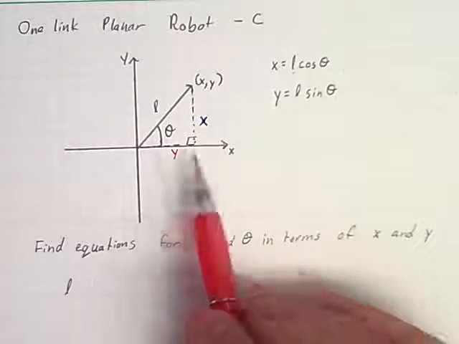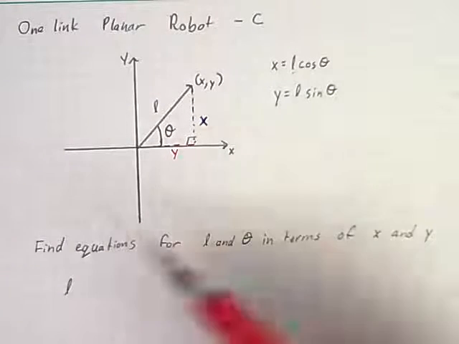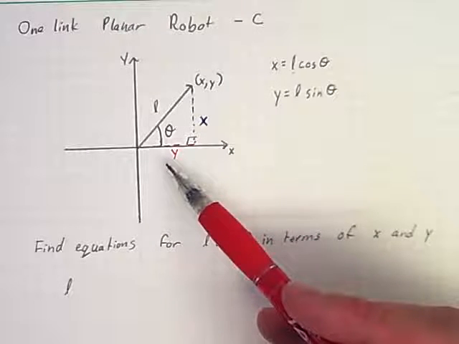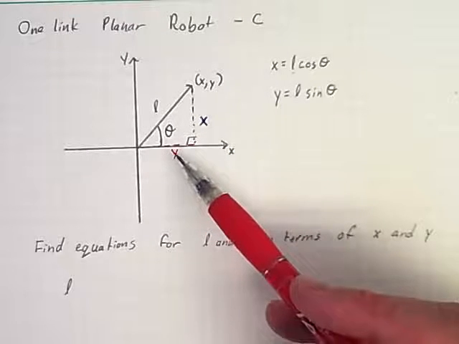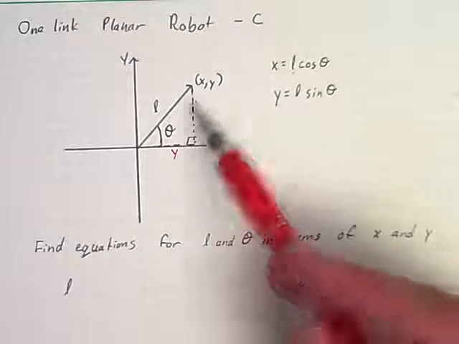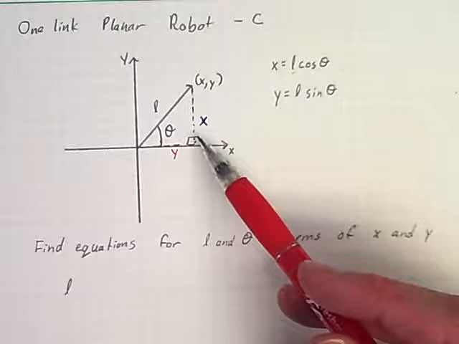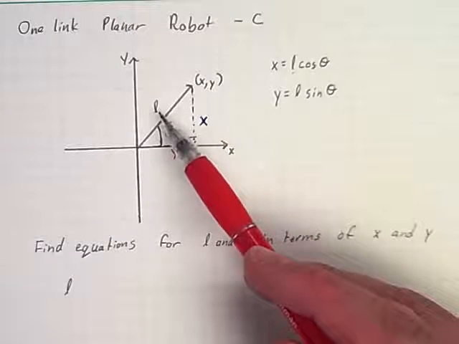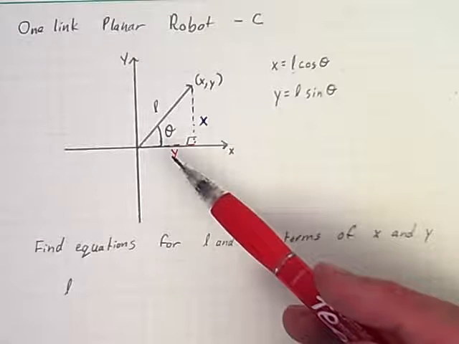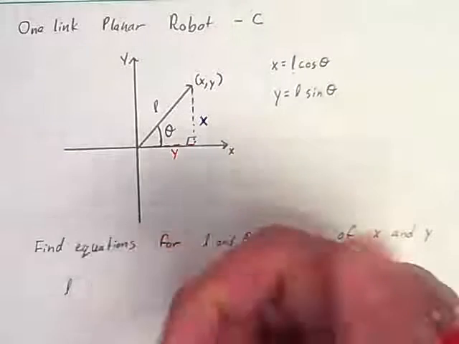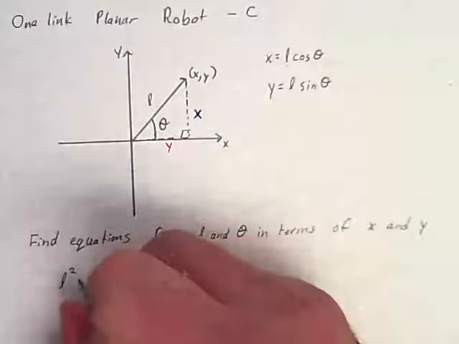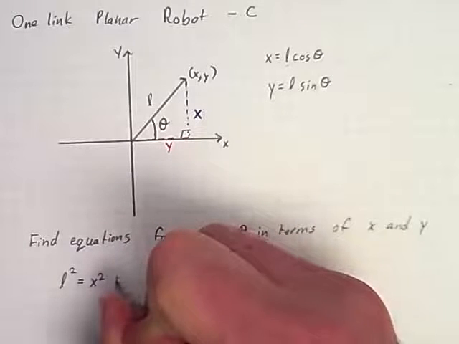So if I have this and I want to find L, what property links these things? Well, this is a right triangle with sides x and y and hypotenuse L, so I know the Pythagorean theorem must work: L squared must equal x squared plus y squared.